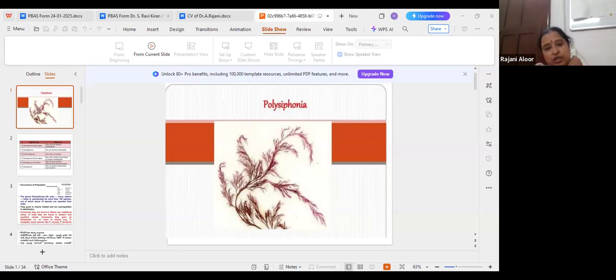Another very important character, the reserve food material is Floridean starch. Coming to another very important character, flagella is absent. In which class of algae is flagella absent? This can be expected as a question, not only directly, but through different examples of Rhodophyceae members.